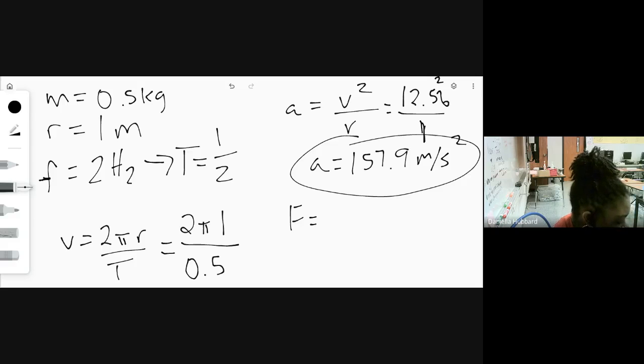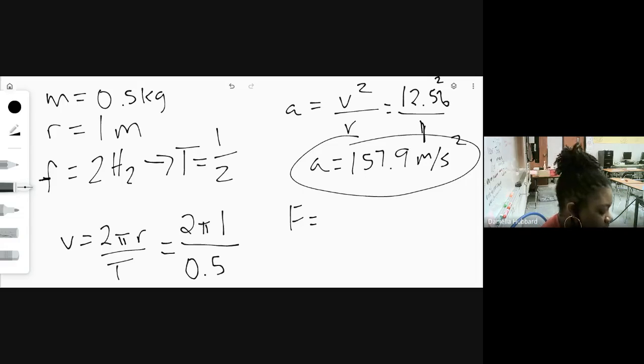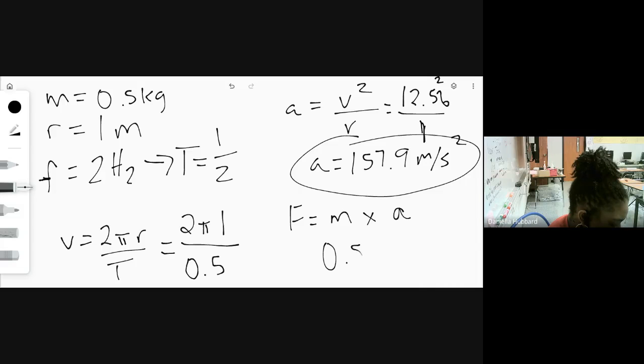Now to find the centripetal force, that's the only equation that remains the same from looking at circular motion and objects that are on a straight path. So our force is going to be our mass times acceleration. Our mass is 0.5 times the 157.9 that we got.